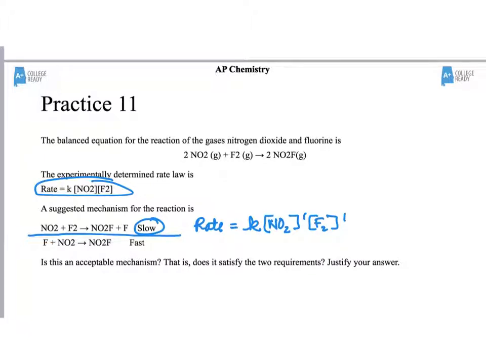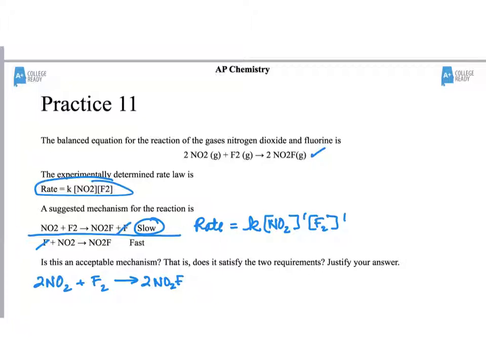Well, our F's cancel out, which means they're intermediates. We end up with 2 NO2s and an F2, and they are going to give us 2 NO2Fs. And that matches this.